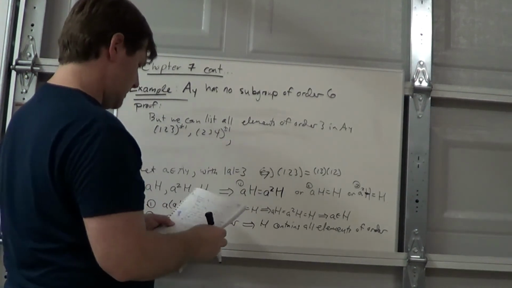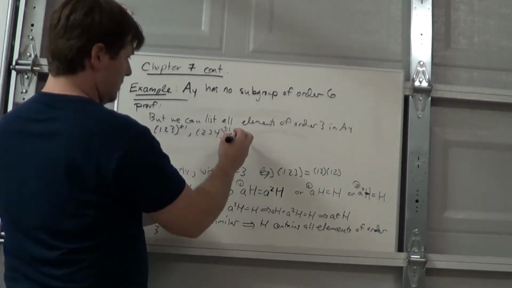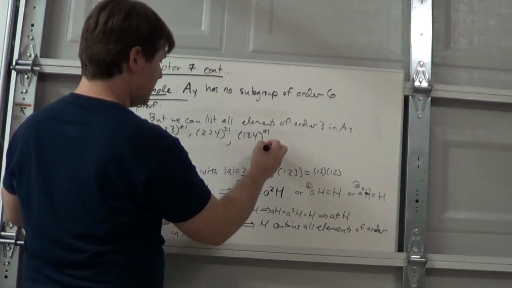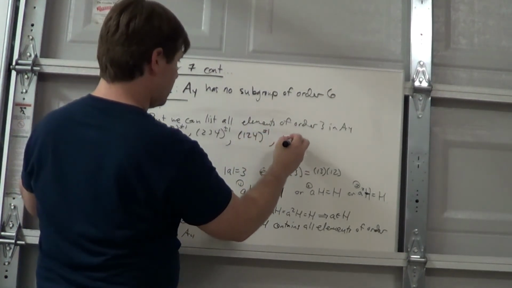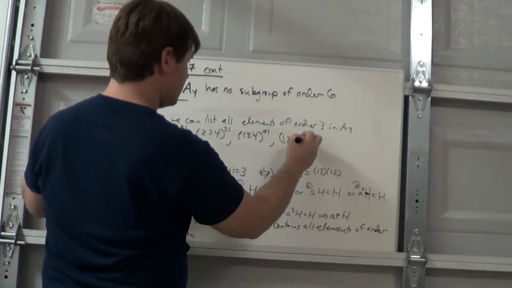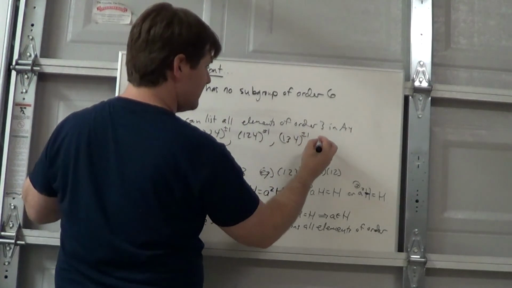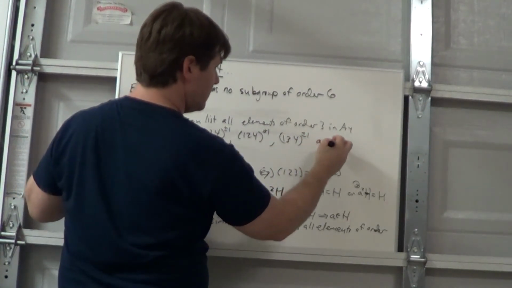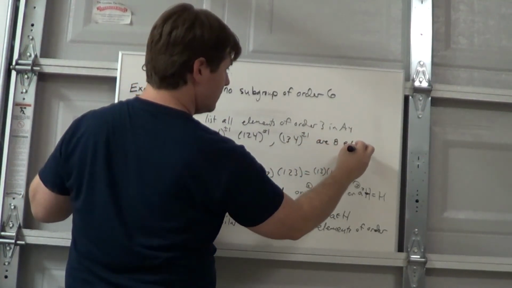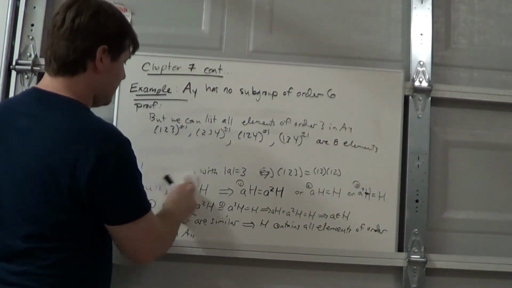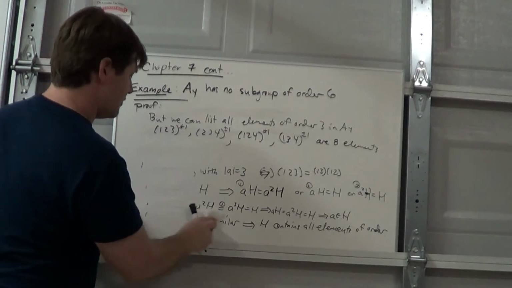What else? (1 2 4) and its inverse. (1 3 4) and its inverse. That's all of them, right? This is 8. H can't contain all those. It only has 6 elements, so this is a contradiction.